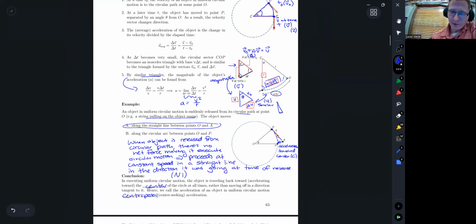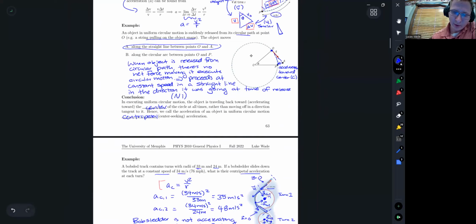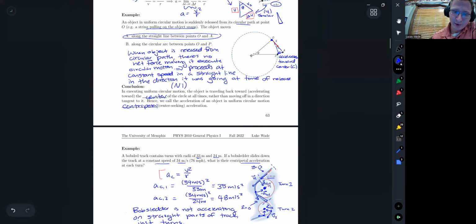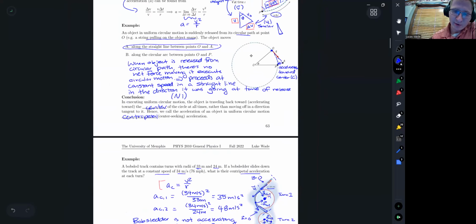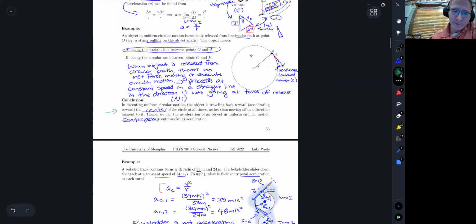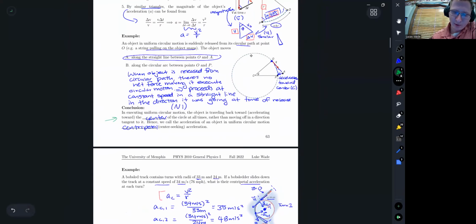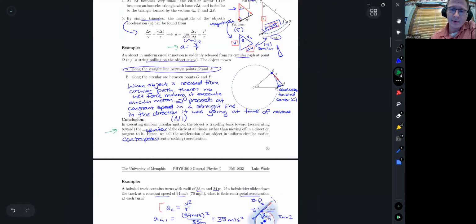You don't need to know how to derive the centripetal acceleration. What you do need to know is its magnitude and direction. It is always acting towards the center of a circle for uniform circular motion. And its magnitude is v squared over r, that tangential speed squared over the radius of that circular motion.